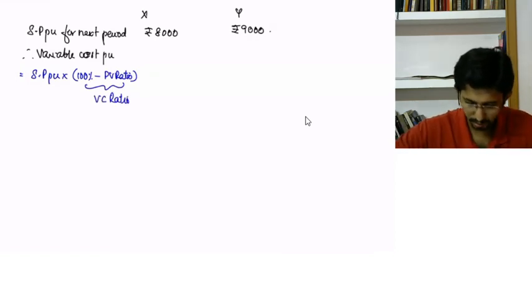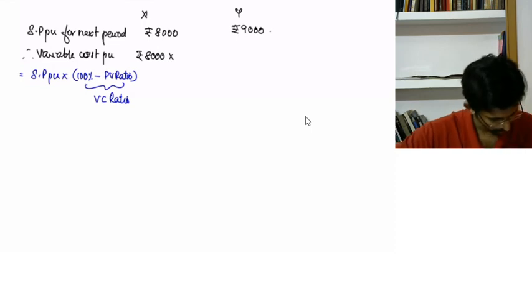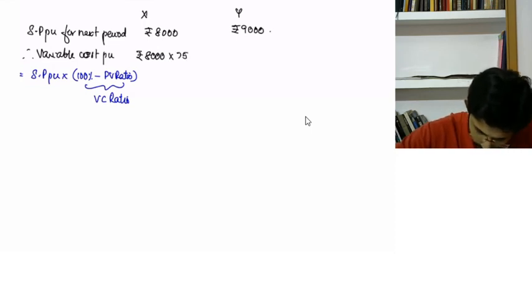So this will be rupees 8,000 into 75%, and here it is 9,000 into 70%.